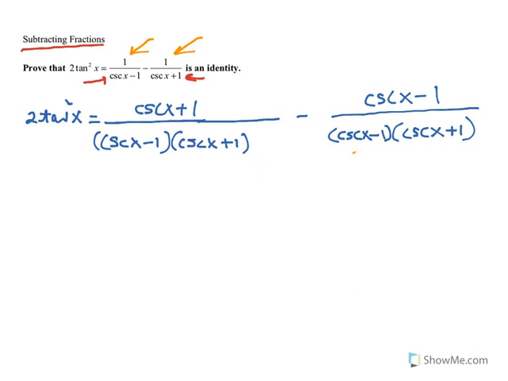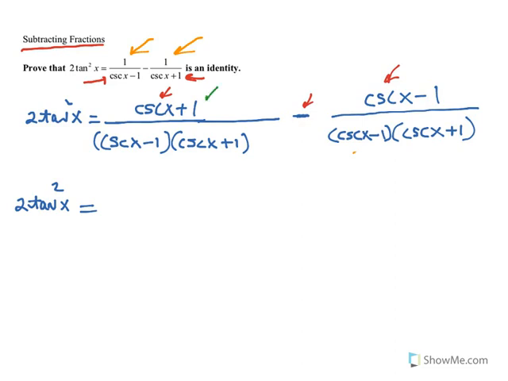And there's our new fractions with a common denominator. And now we can go ahead and keep working the proof. So the left side is going to stay 2 tangent of x squared equals, and what can we do now that we have a common denominator? We can go ahead and add or subtract the fractions. So in this case we were subtracting. So cosecant x plus 1 minus cosecant x minus 1. So we know that cosecant minus cosecant would just be 0.